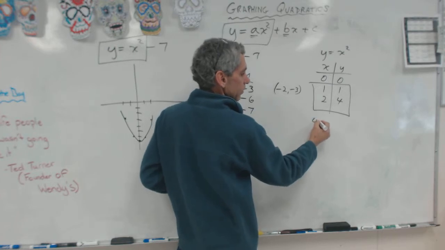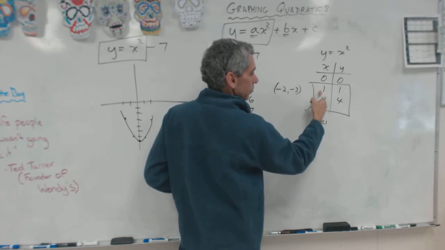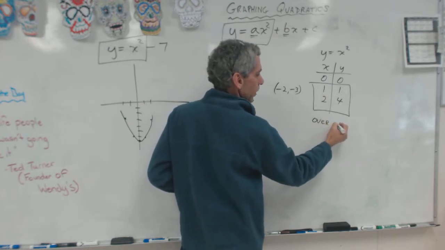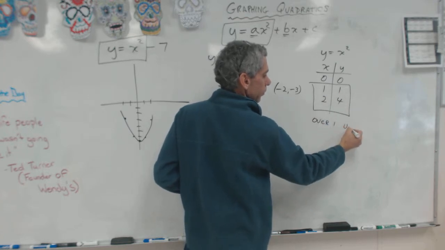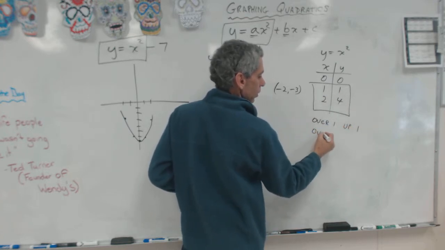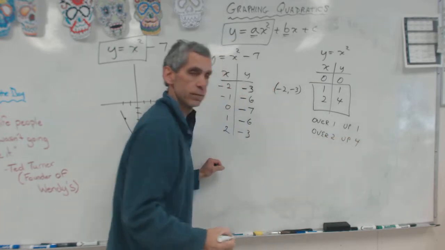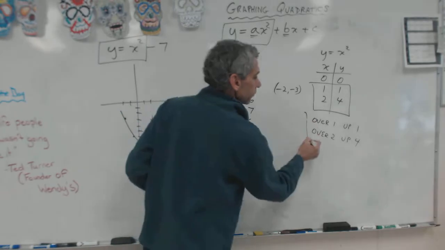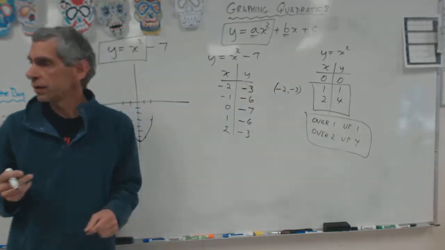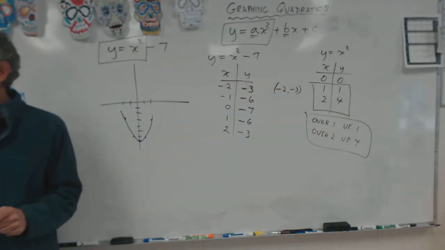So this is the part I memorize. And I memorize it like this. Over 1, up 1, over 2, up 4. That you have to know in your brain all the time. If you know that, it's the easiest.